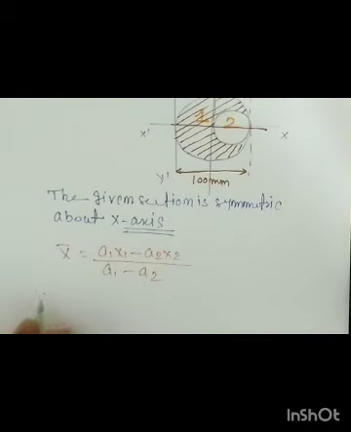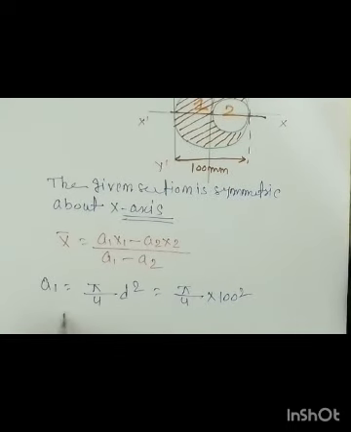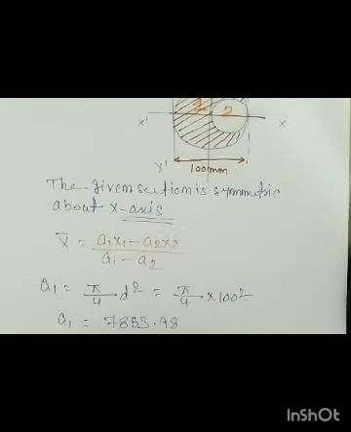a1 is equal to pi by 4 d square, that means pi by 4 into 100 square, the diameter, right? So a1 you can get as 7853.98 mm square.